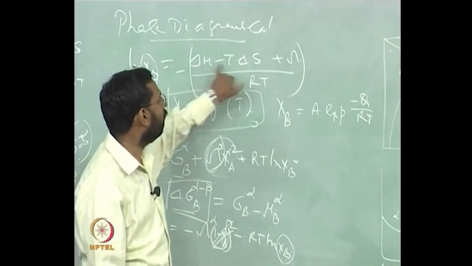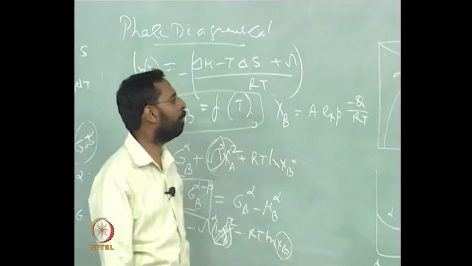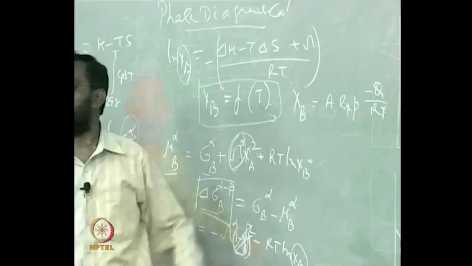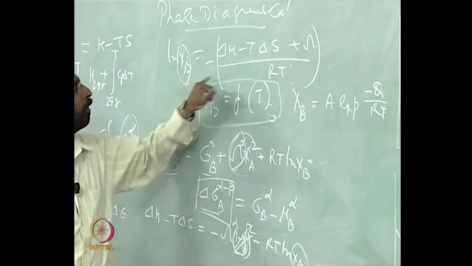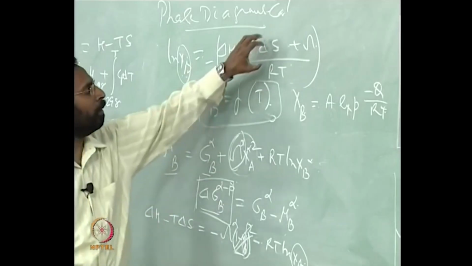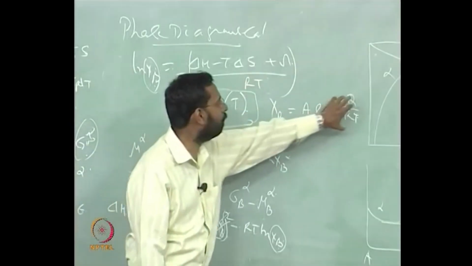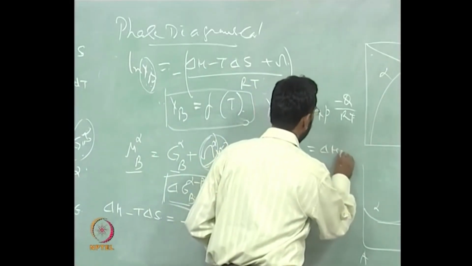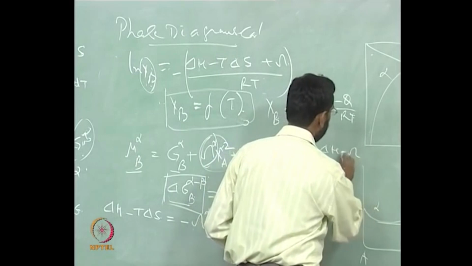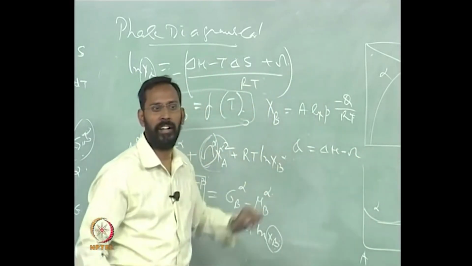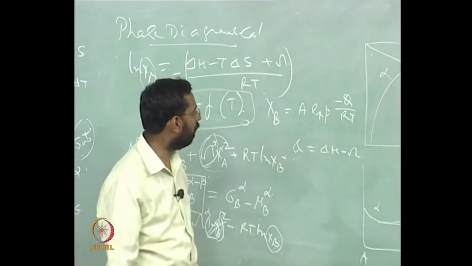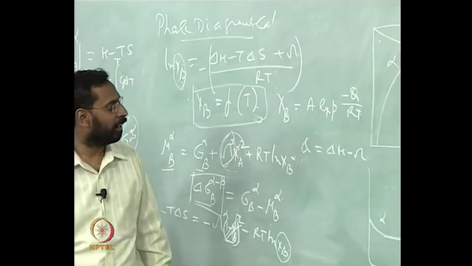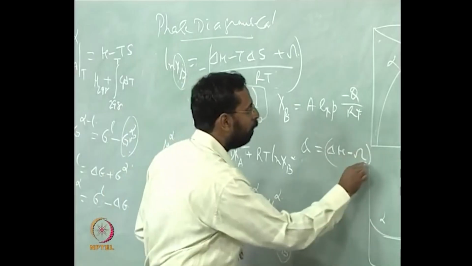The pre-exponential term will be exponential delta S by R. So there will be two exponential terms, one with delta S by R, another having delta H, where Q will be nothing but delta H minus R plus R. You have to check the actual signs, whether negative or positive, but you will get a term like this.